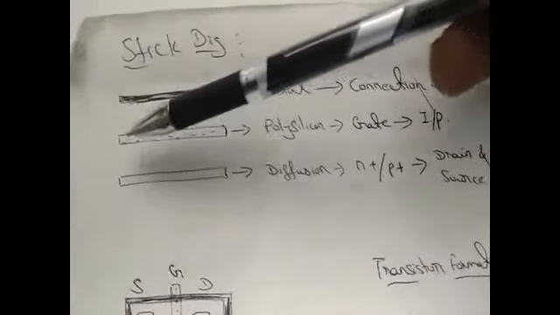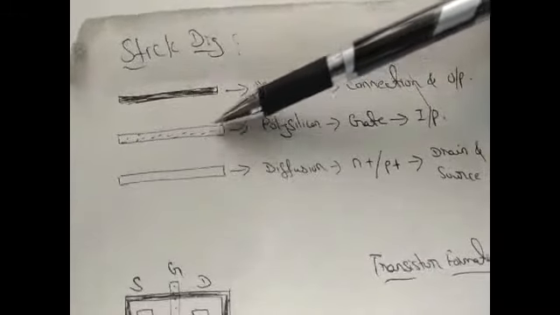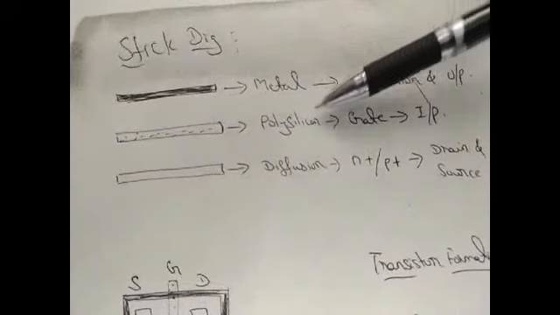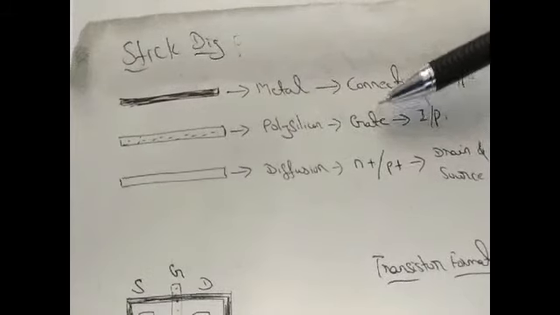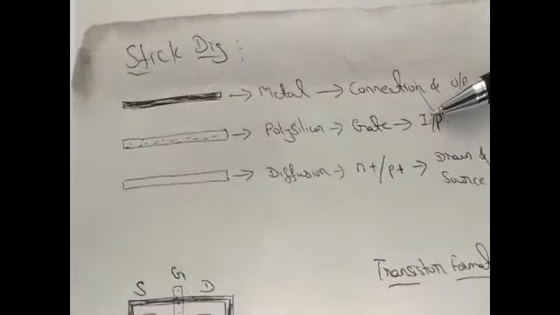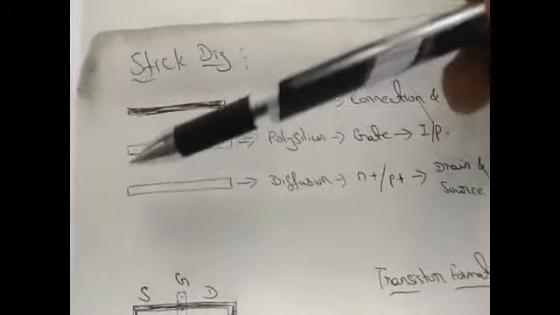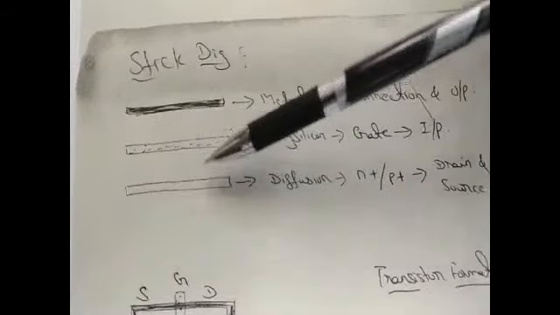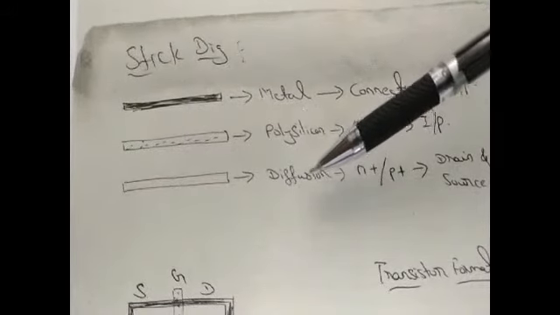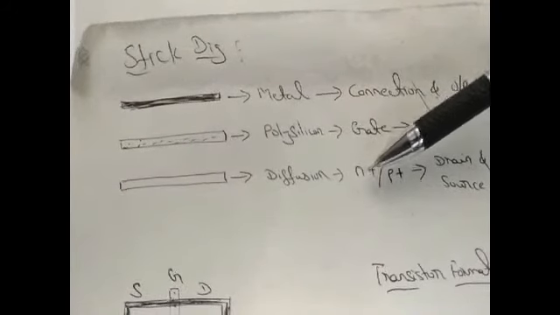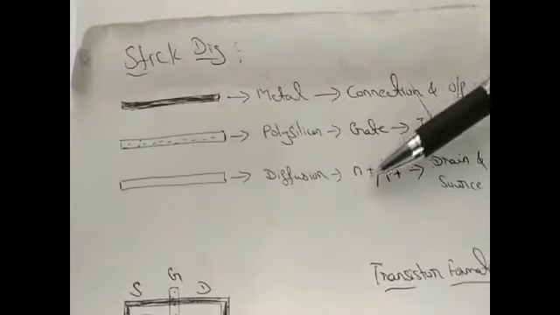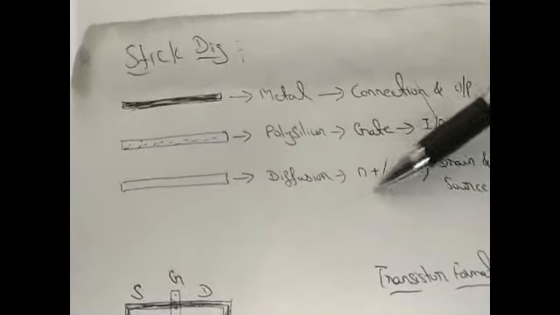Next, the structure with the dotted points is known as your polysilicon, and it is of a red color, and the polysilicon always represents your gate region where the input will be given. The structure without anything is your diffusion part, that is your N plus or the P plus, normally of a green color, and it represents your drain and source.